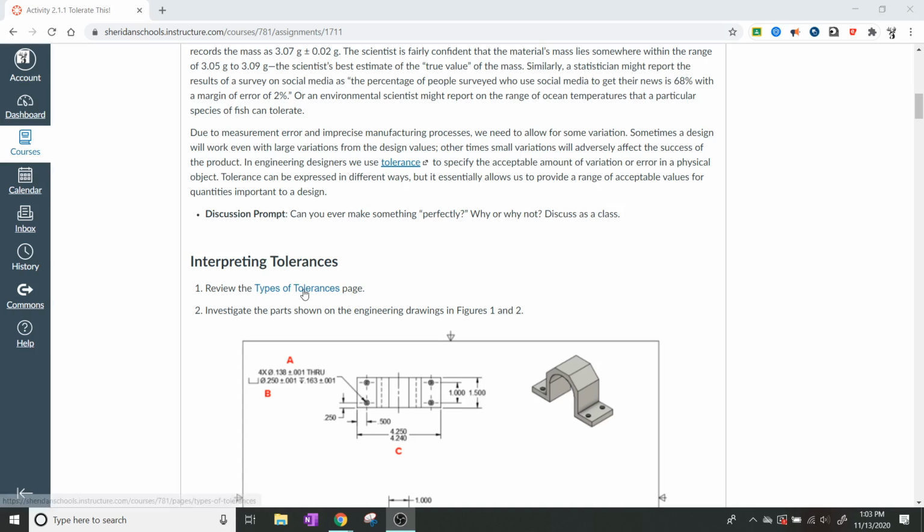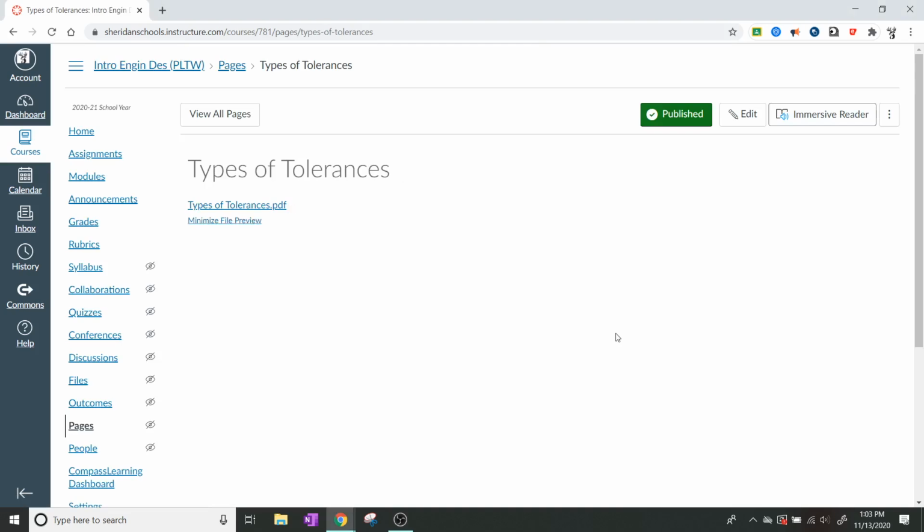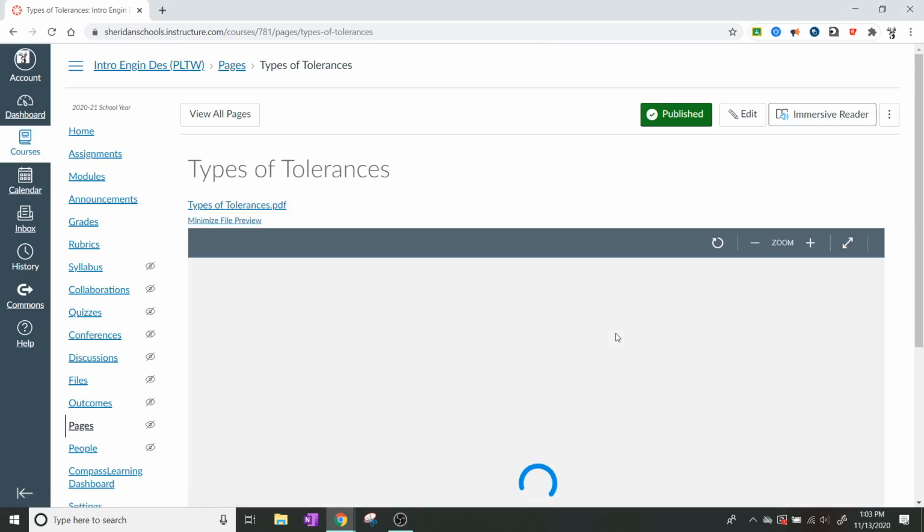And I'll show you the different types of tolerances, because there are three different types that can happen as a result of different measurements in one direction or another.